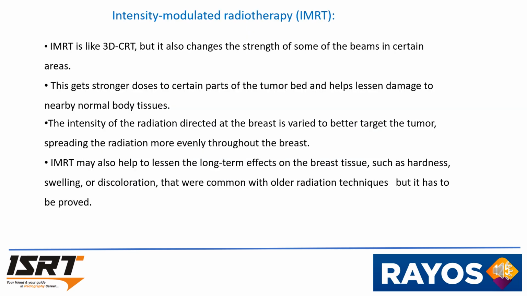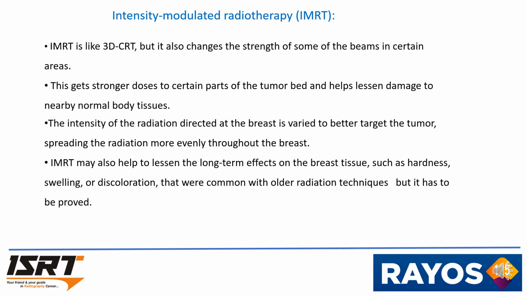Intensity modulated radiotherapy, that is IMRT. IMRT is like 3D CRT, but it also changes the strength of some of the beams in certain areas. This gets stronger doses to certain parts of the tumor bed and helps lessen damage to the nearby normal body tissues.